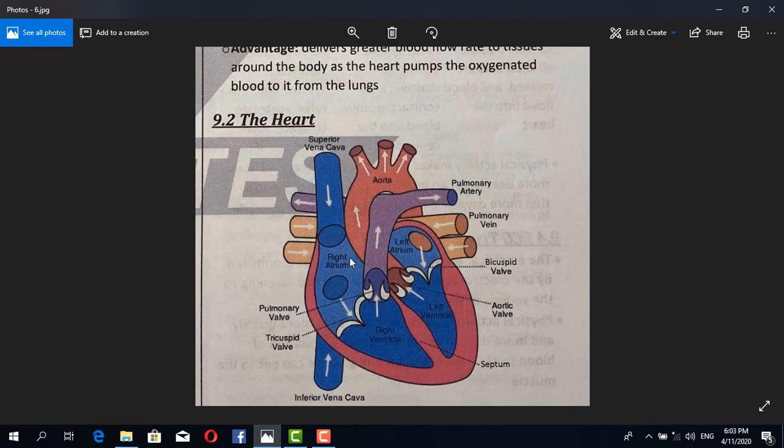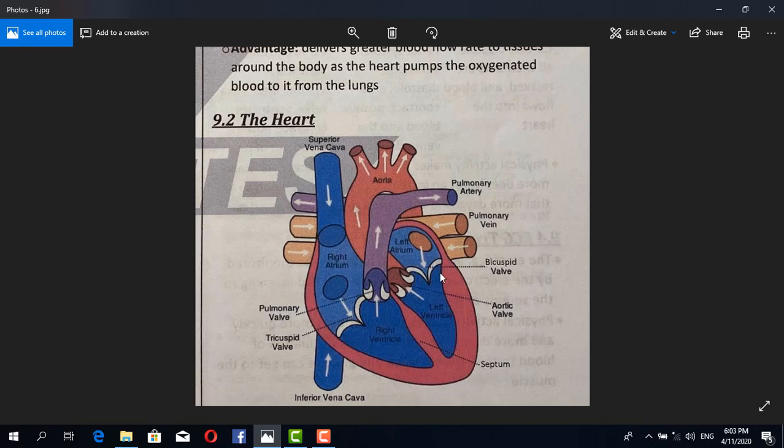And between each atrium and ventricle, these are the valves. The valves separate the atrium from the ventricle, and the main function of the valves is to control that the blood only goes in one direction. We've got the bicuspid valve here.